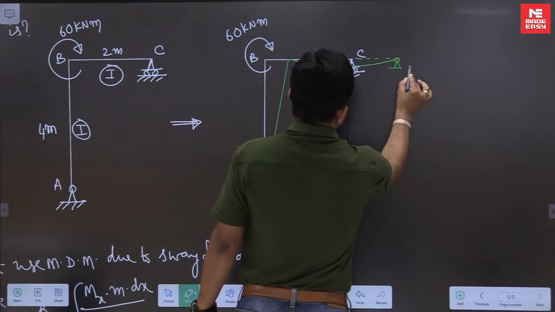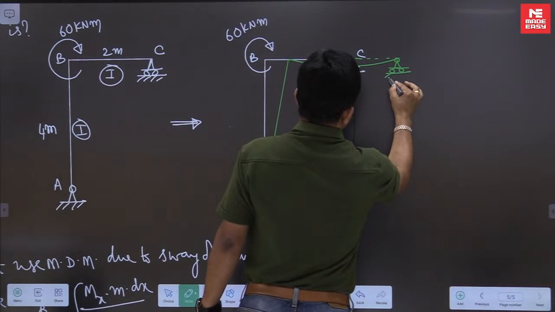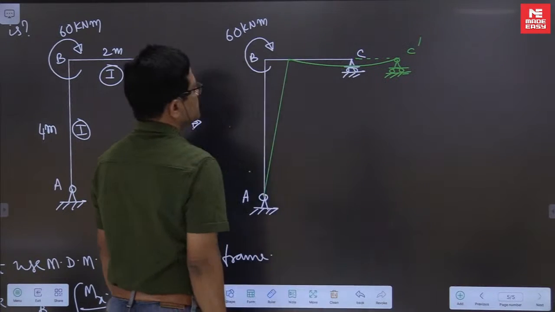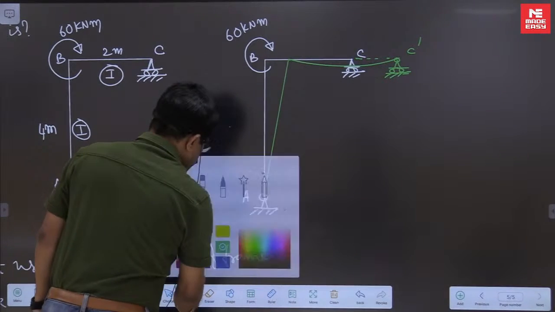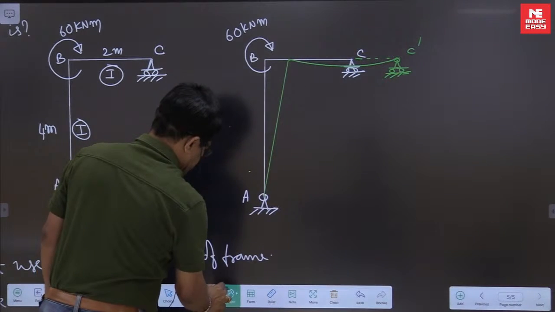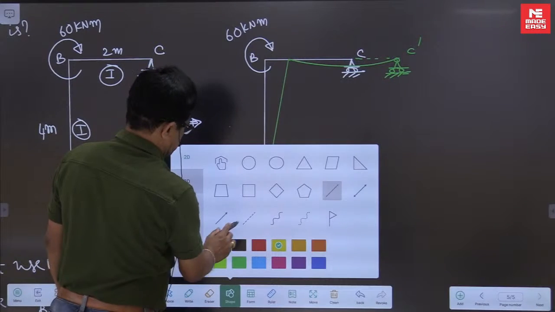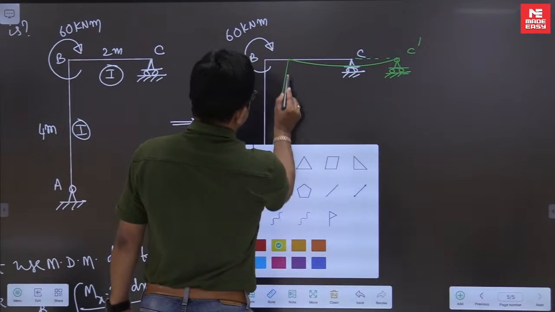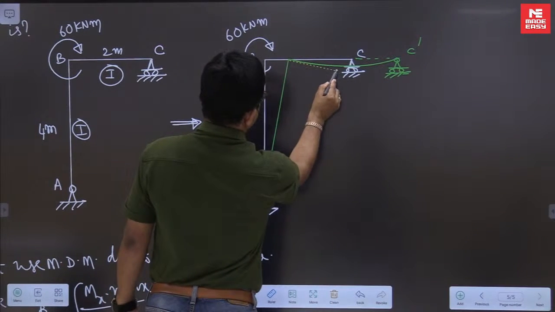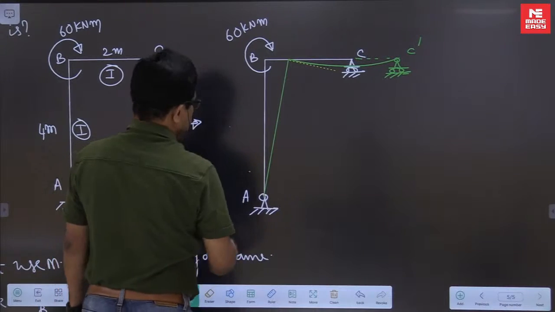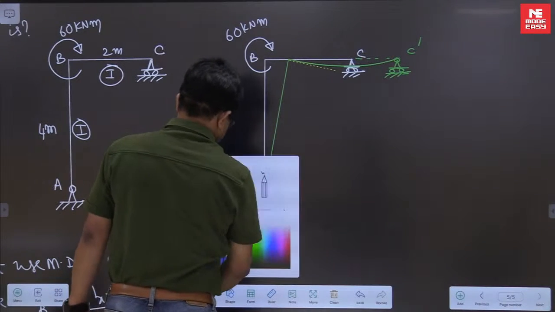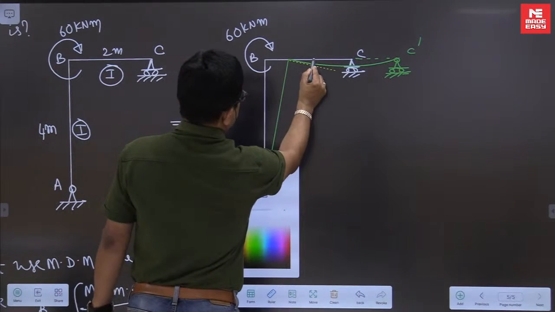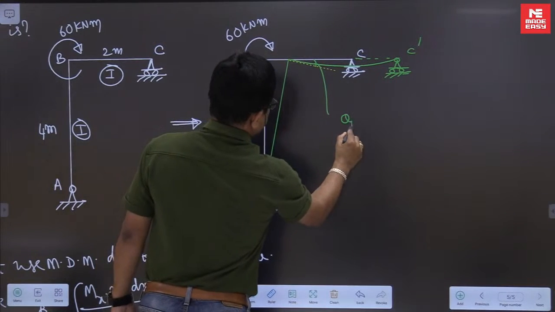C will go to C dash. Now see, this profile is a known profile for us. Okay, this slope is now theta B is the question.